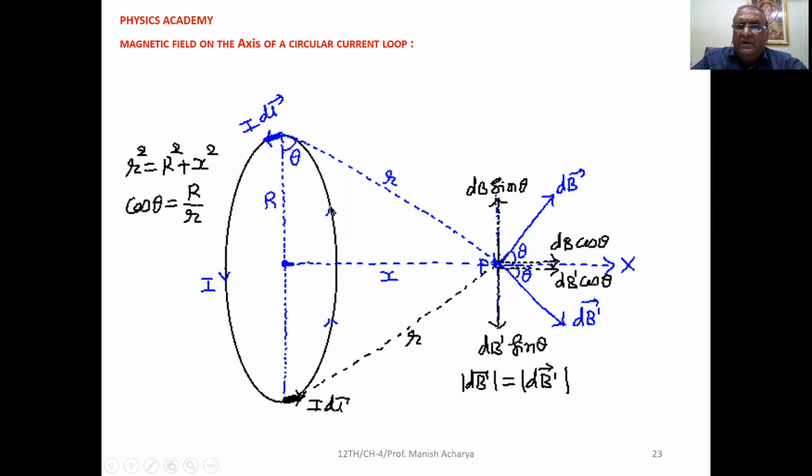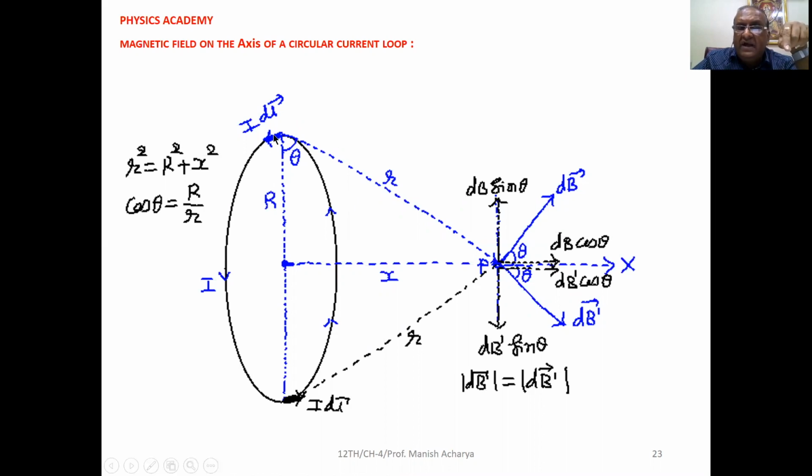Now, here as per Biot-Savart law, the magnetic field at point P due to this current element will be perpendicular to both IDL and R.